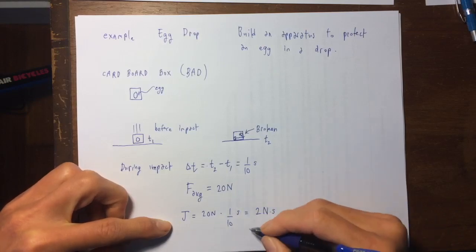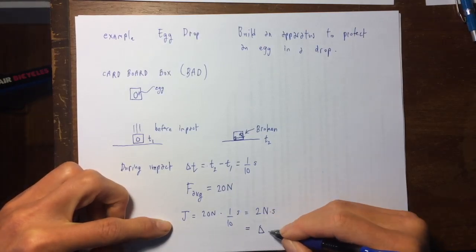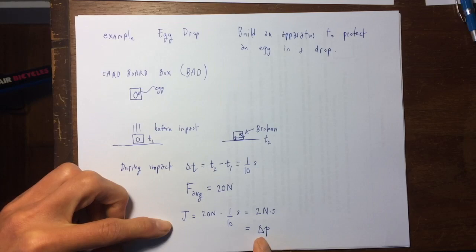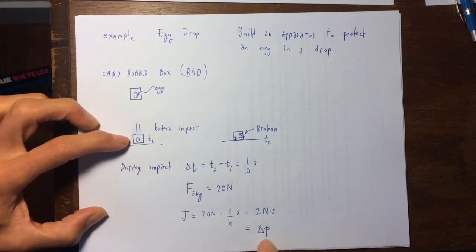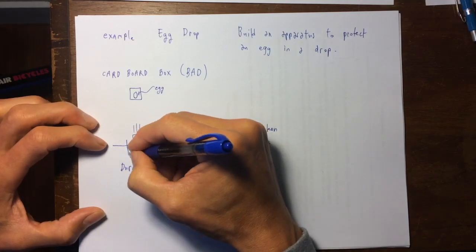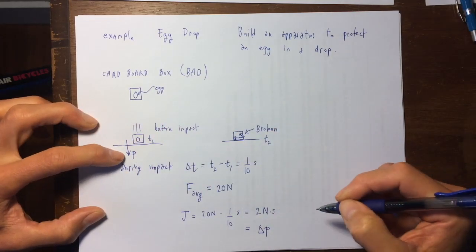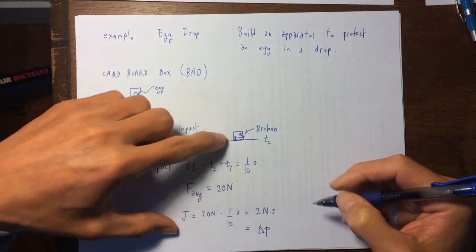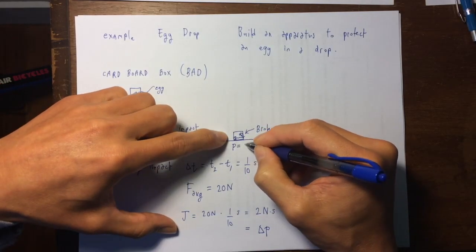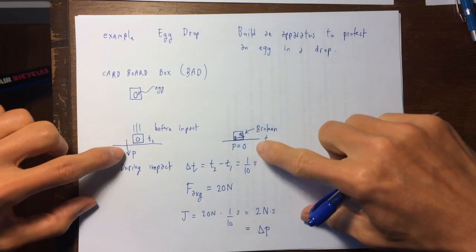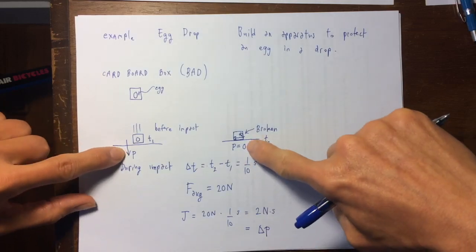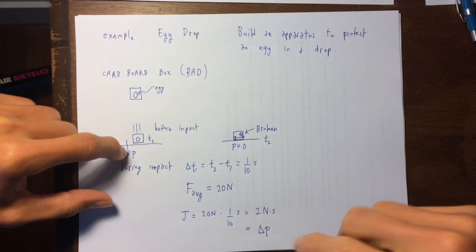So this is the impulse, and by the impulse momentum theorem, this is the change in the momentum of the egg. That delta p represents the fact that the egg had a bunch of downwards momentum right before the impact, and then changed into 0 momentum after the impact. So that's what delta p is associated with there.